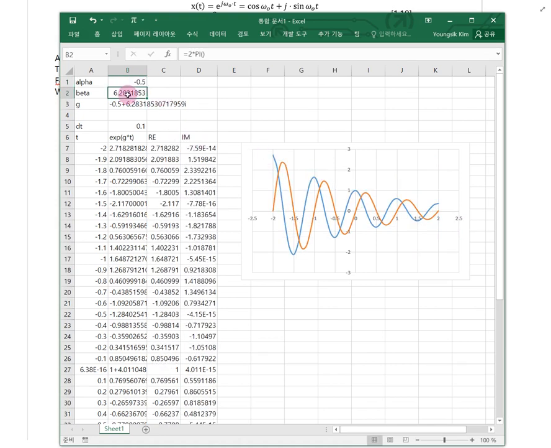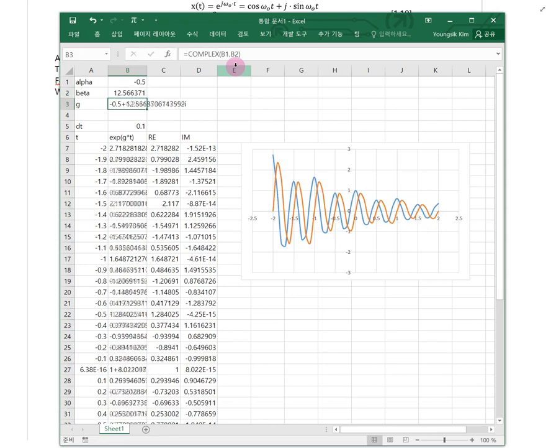And the beta term controls the alternating speed. If I increase this about 2 times, then you can see it is much faster, but the curve amplitude follows the same curve. The amplitude is controlled by alpha, but the frequency is controlled by beta.